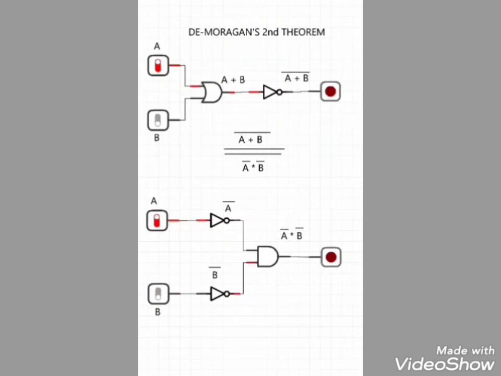But when both inputs are low, our output will change, that is high. So hence we prove that (A plus B) whole complement is equal to A complement into B complement. So hence De Morgan's second theorem is proved.